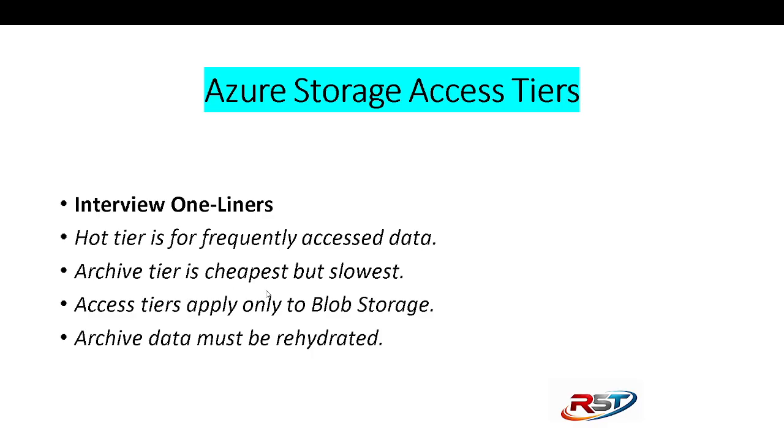But when you want to access it, it must be rehydrated, and later we get access. That's why it is slowest. These access tiers apply only in blob storage; all other storage won't have them. When data is in archive, it must be rehydrated to access.